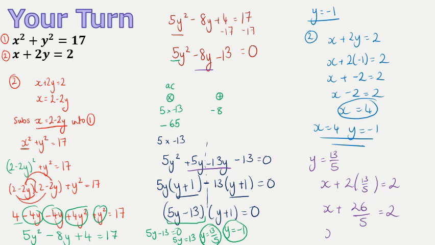And so x would be equal to 2 minus 26 over 5, which gives me an answer of minus 3.2. So one of my pairs of solutions is when x is 4, y is minus 1. And the other solution is when y is 13 over 5, x is minus 3.2. Or you could leave it as a fraction as well.